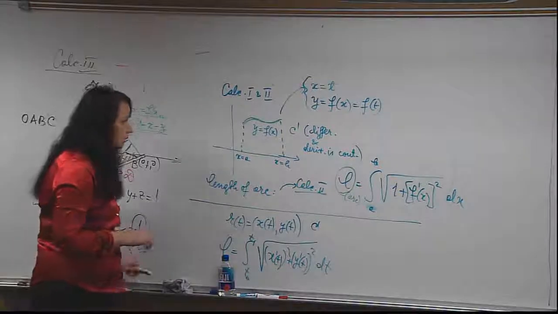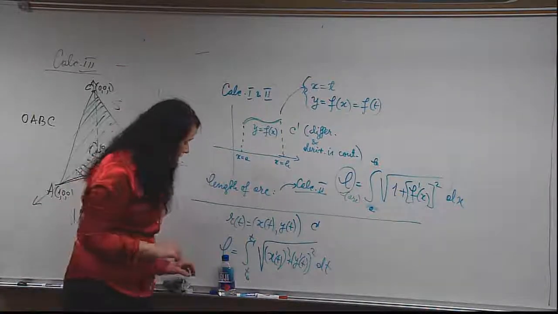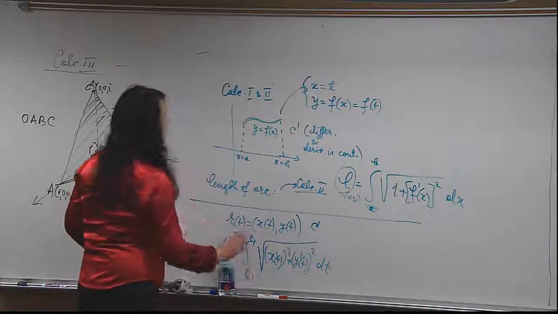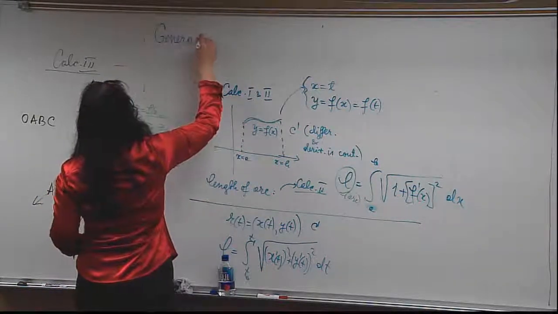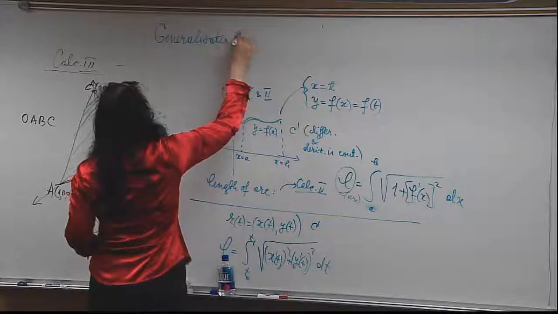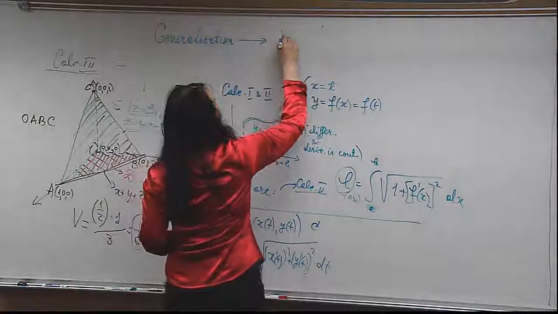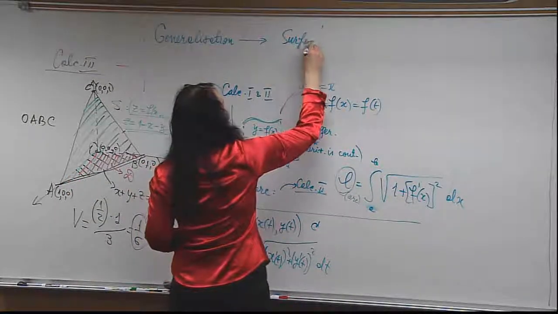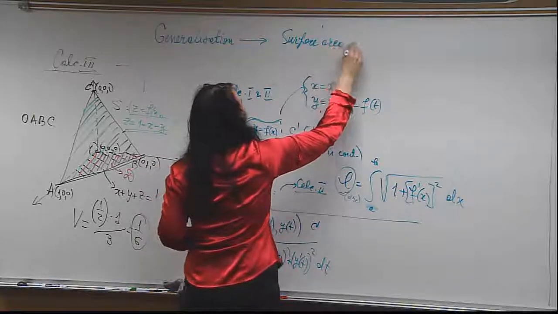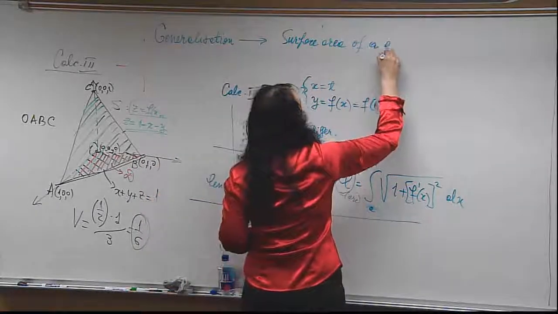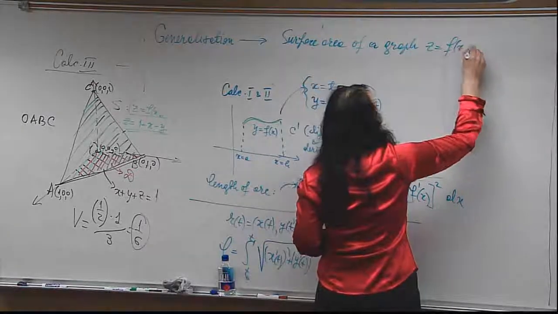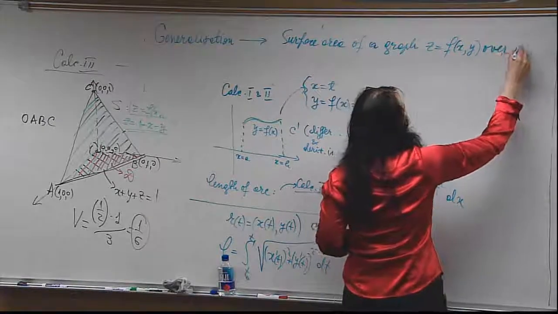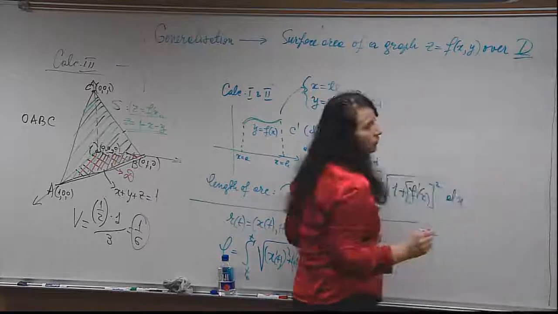Now there is a beautiful generalization of that. The extension gives you the surface area for a graph z equals f of x, y over domain D. Say what?